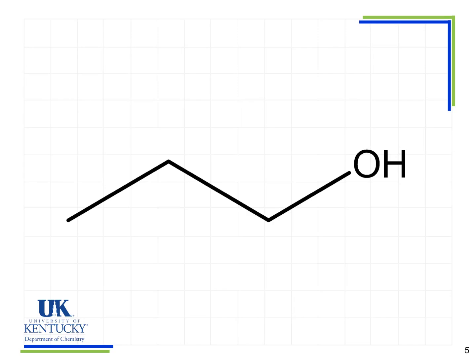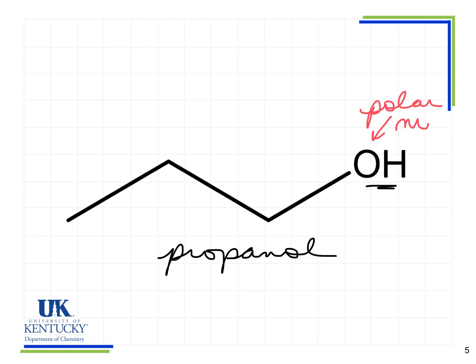Now a little more complicated example here. We're looking at propanol. We've got 3 carbons there with our alcohol group at the end. So this is an alcohol molecule. Because I see this O in here, that's a big clue that I'm dealing with a polar molecule. Whenever I see oxygen, nitrogen, sulfur, fluorine, any of these, that's a big clue that we're dealing with a polar molecule.